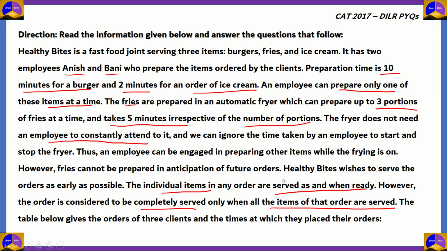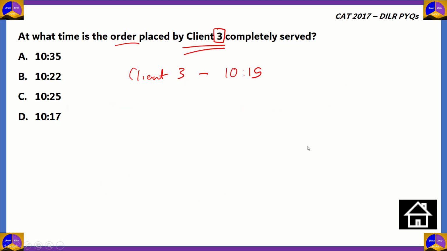Okay, let's go back to question 2. So 1 burger, 1 portion of fries. So 1 burger takes 10 minutes. 1 fries takes 5 minutes. So again, irrespective of the number of portions, fries take 5 minutes.